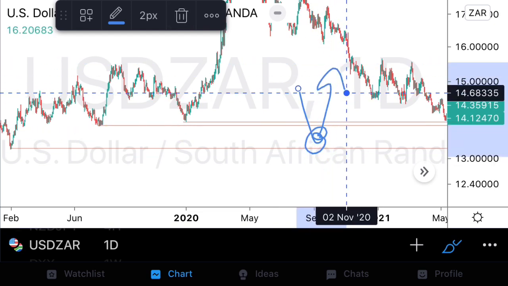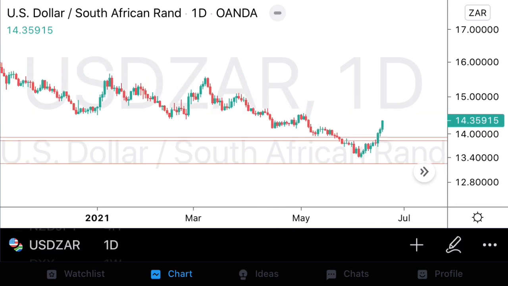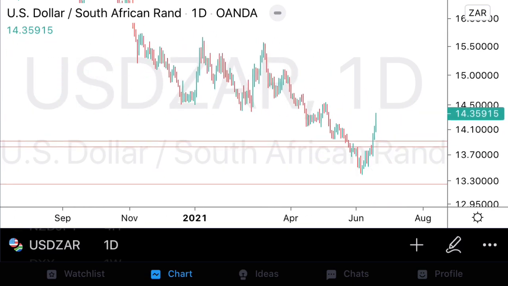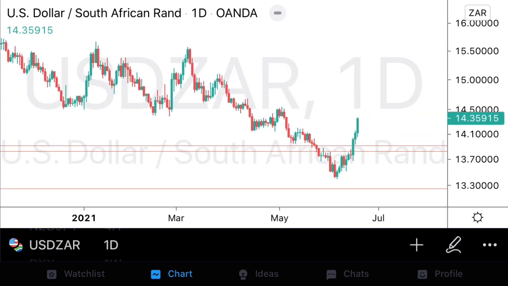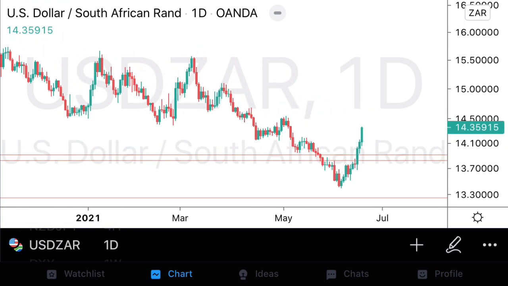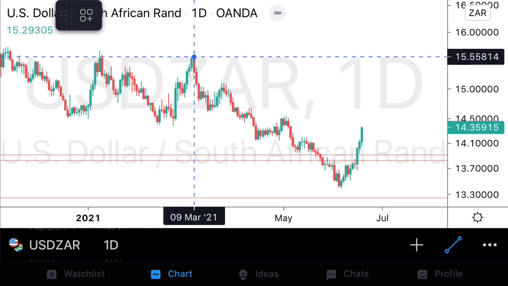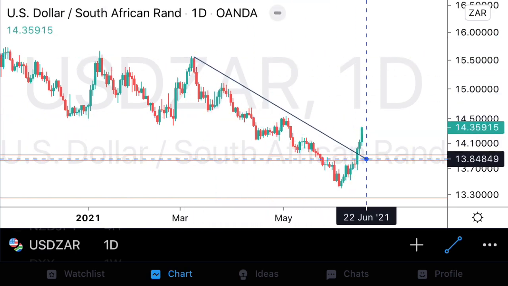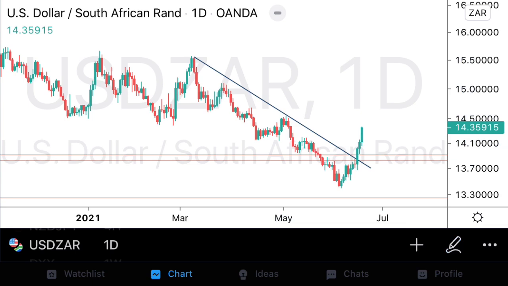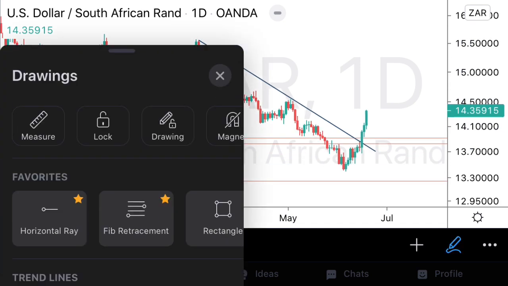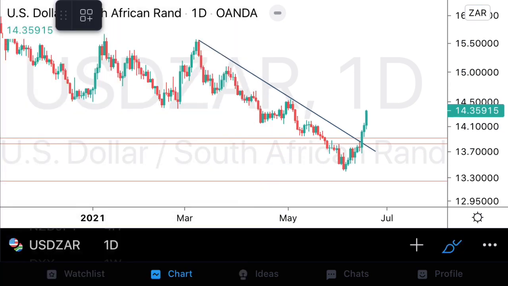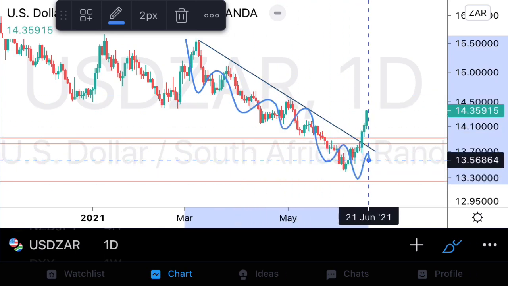So we knew that the market wanted to make this move into this area to clear stops before we saw our upside. Now, looking at the most recent price action on the daily, the important piece of information we need going into USDZAR is that our daily trend that had been holding to the downside has been violated. If we slap on a trend line to get an idea of what type of trend had been holding on the daily, there we go.